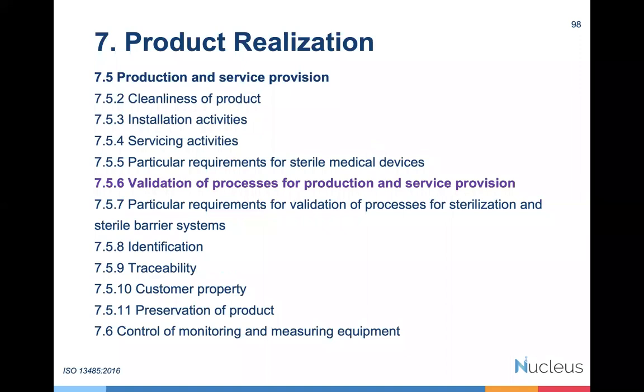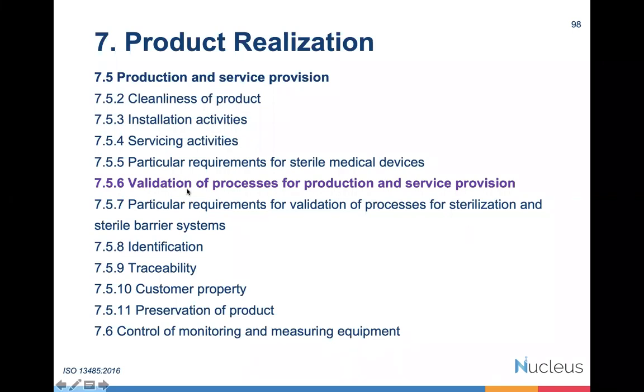Then a lot of additional requirements here in clause 7.5: cleanliness, how to do installation, service activity. Then there are some specific requirements for sterile medical devices, and one requirement I would like to highlight here, validation of processes. This is also called special process validation. Yesterday, if you attended the other training, we discussed something about special processes, how to validate a special process.